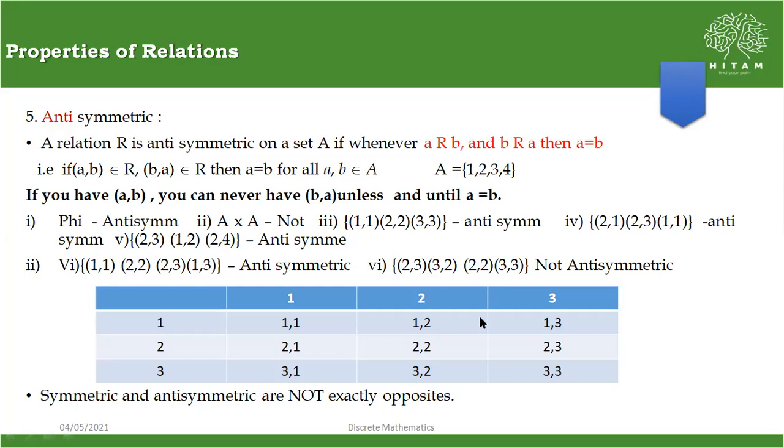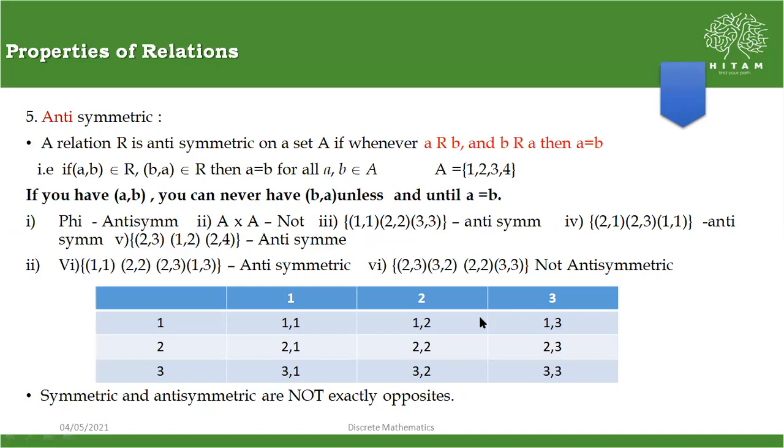Coming to the third one, the symmetric relation. It is like a commutative property. A relation R is said to be symmetric if A is related to B, then B is related to A. And coming to the next one, the asymmetric relation.